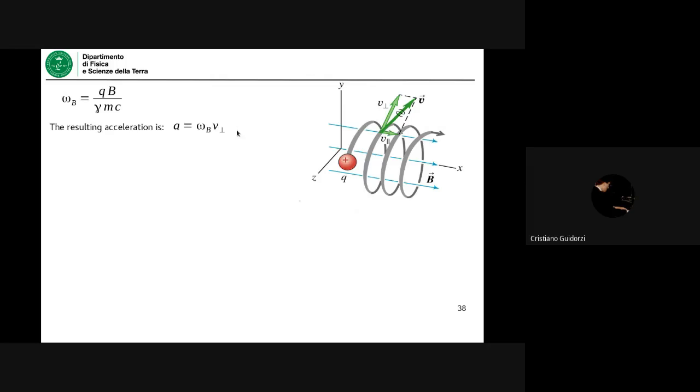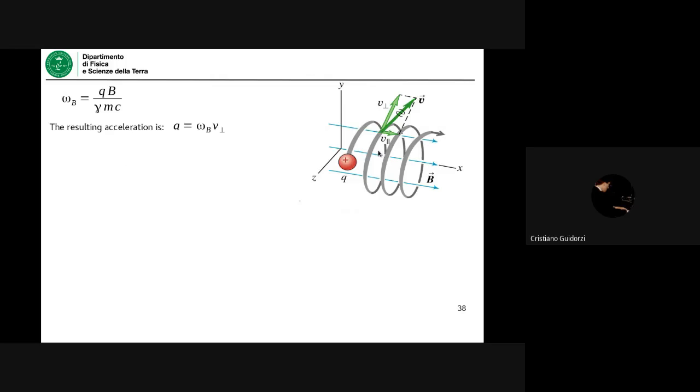So either you take the modulus of v sine alpha, we will call this angle alpha, or just the perpendicular component of the velocity, because v sine alpha is nothing but v perpendicular. So the modulus of the acceleration is that. And of course, the acceleration is directed perpendicularly to the field lines.